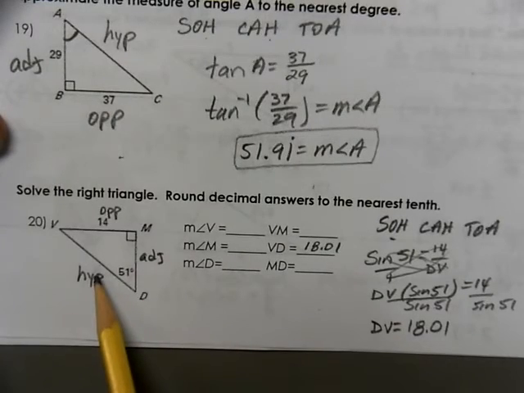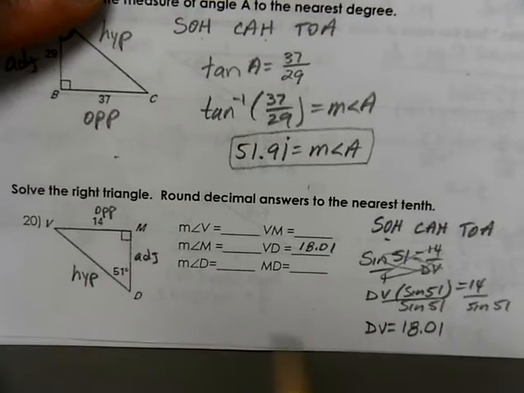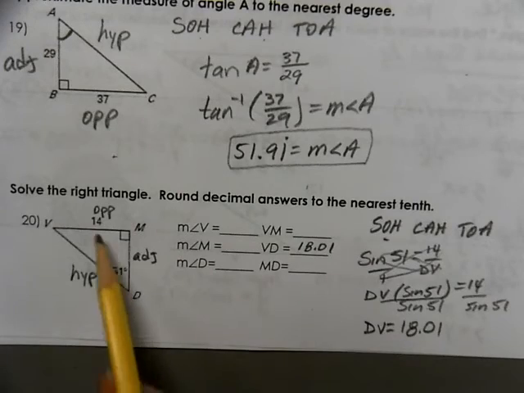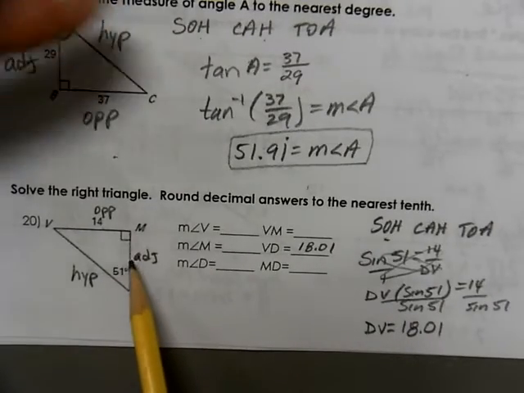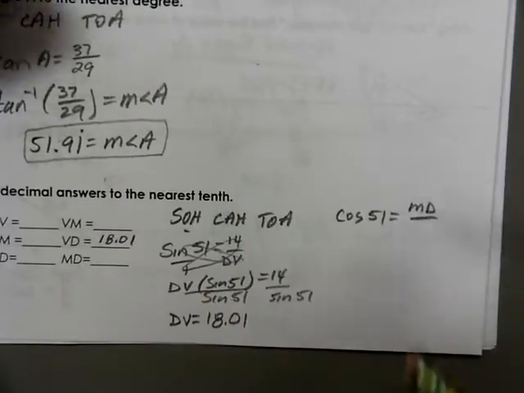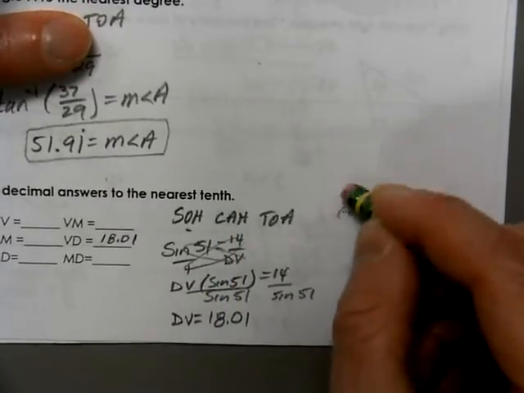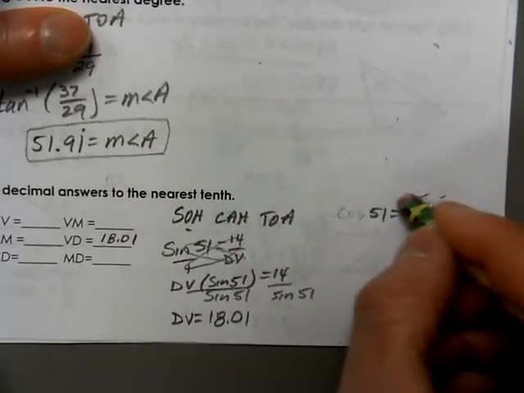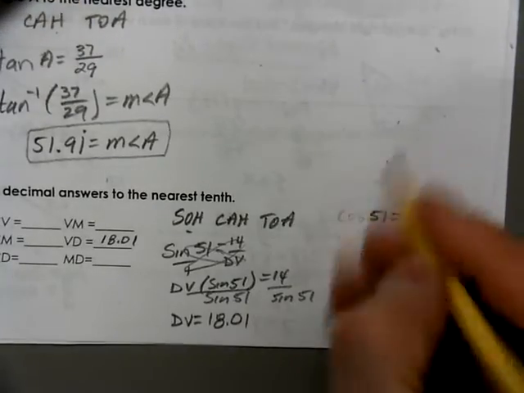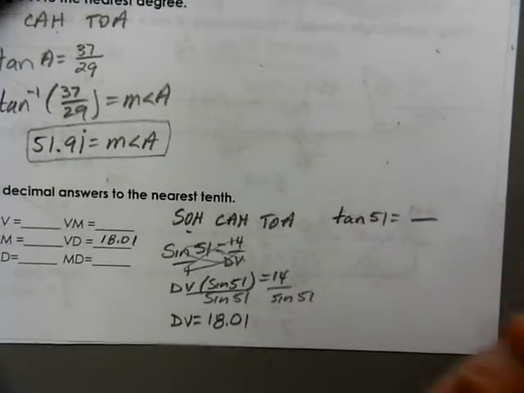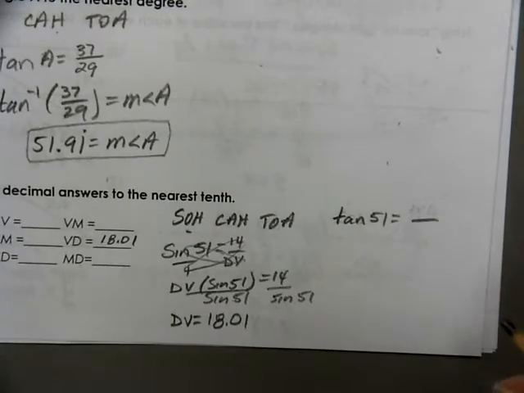Instead of doing adjacent over hypotenuse, I don't know hypotenuse except I calculated it down here. Let's use the numbers they give us. Let's use opposite over adjacent, and that would be tangent. So tangent, you should get the same answer as long as you're being accurate.